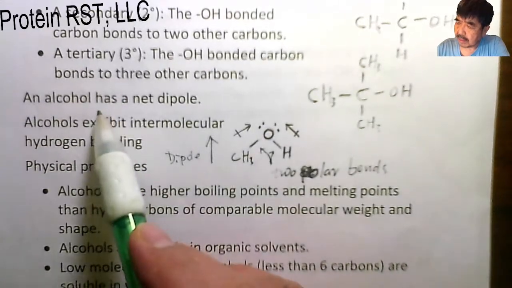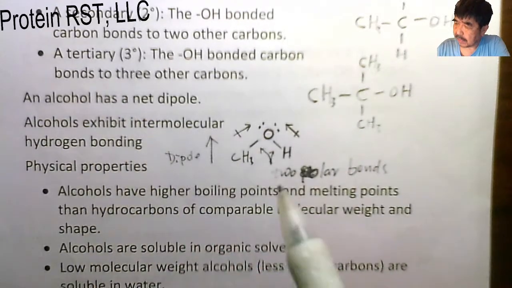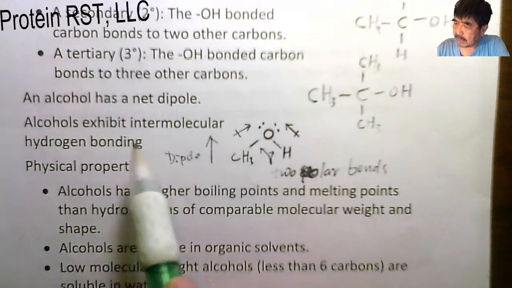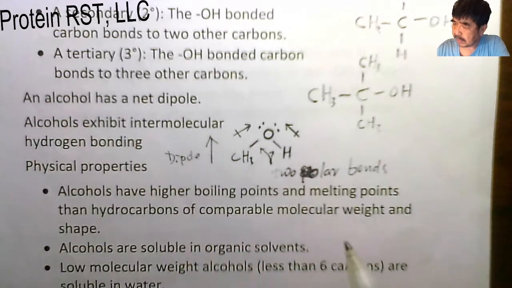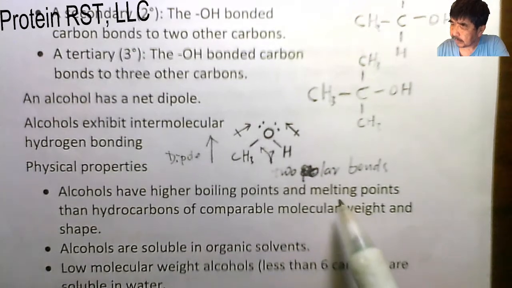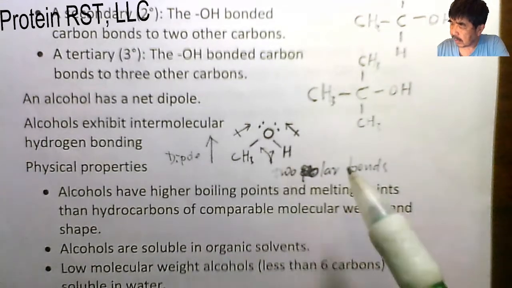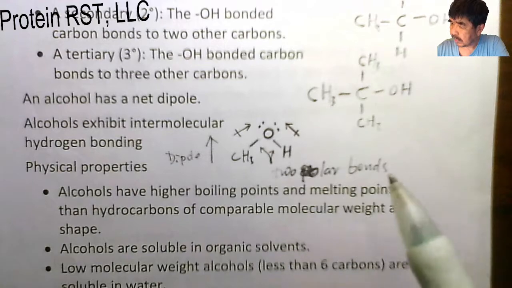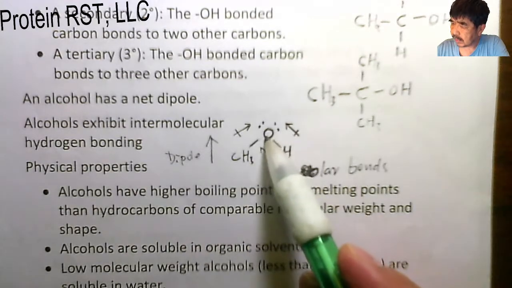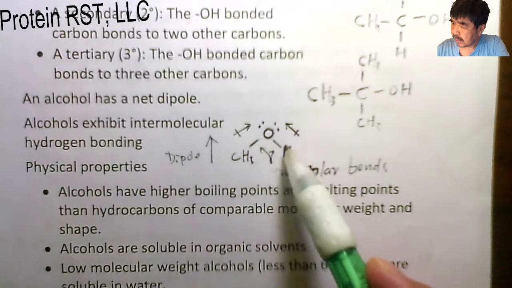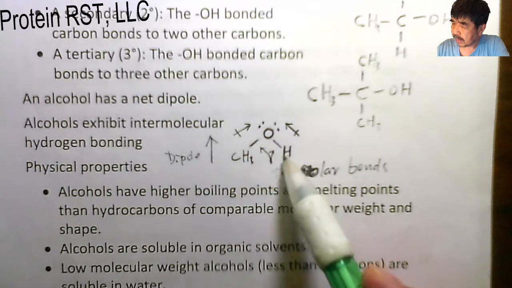Now alcohol has a dipole. Alcohol exhibits intermolecular hydrogen bonding. This is the dipole. Two polar bonds. This is oxygen. This hydrogen is a methyl group.